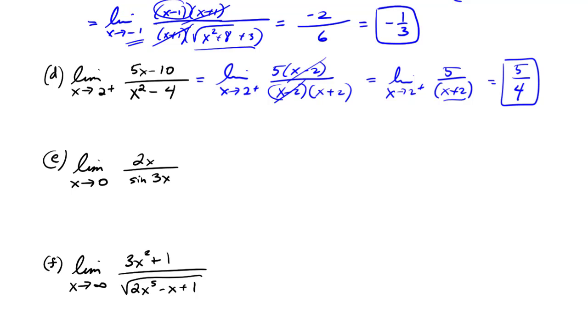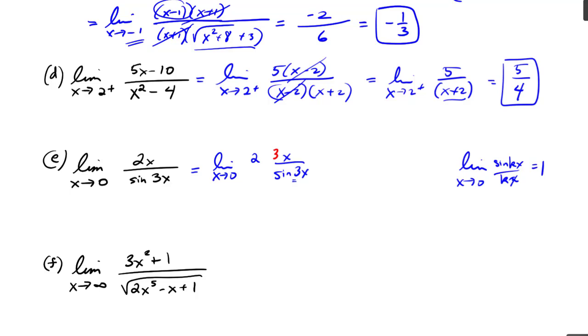Limit as x approaches 0 of 2x over sine 3x. Well, that looks like my special limit. Again, my limit as x approaches 0 of sine kx over kx equals 1. But I'm going to have to do a little manipulation here. So I'm going to put 2 there, then I'll put the x over sine 3x, and then I notice I'm just missing the 3 to go along with that.